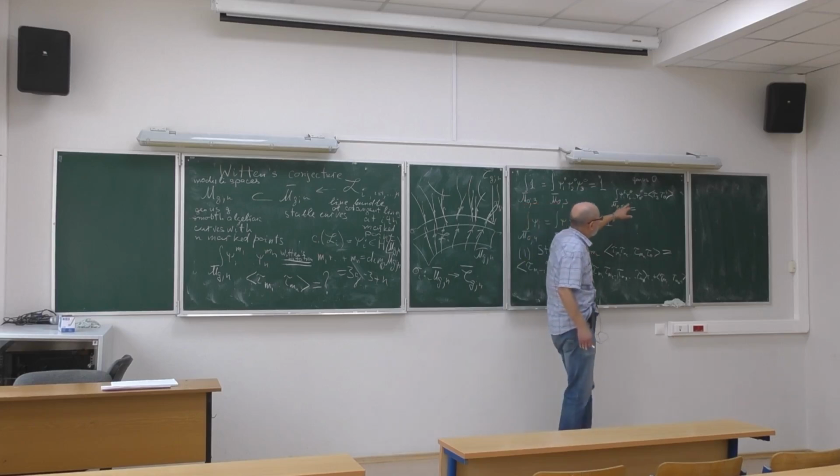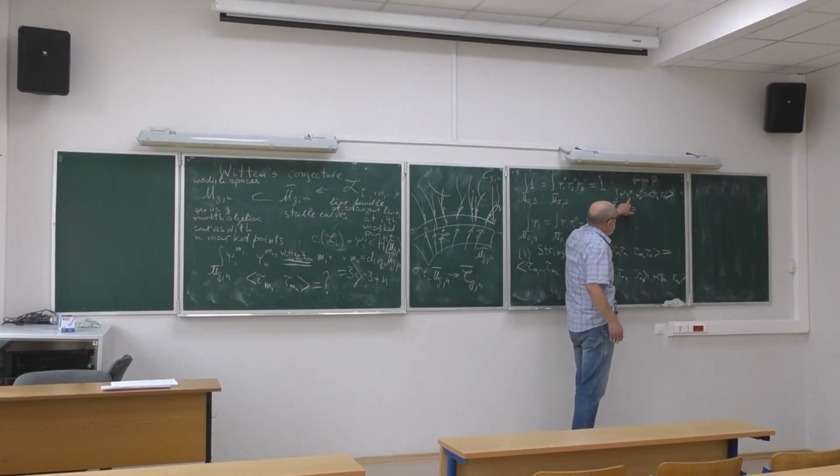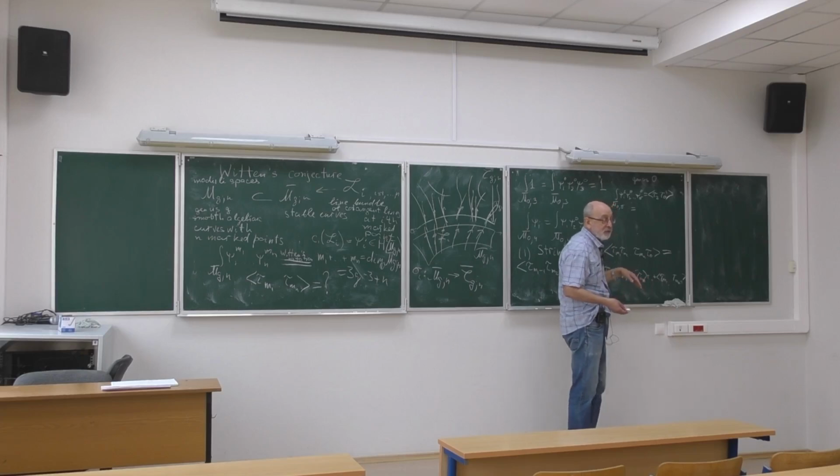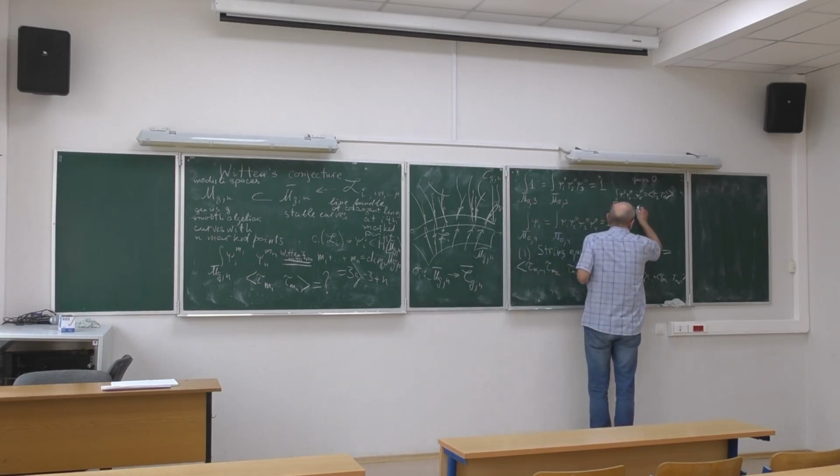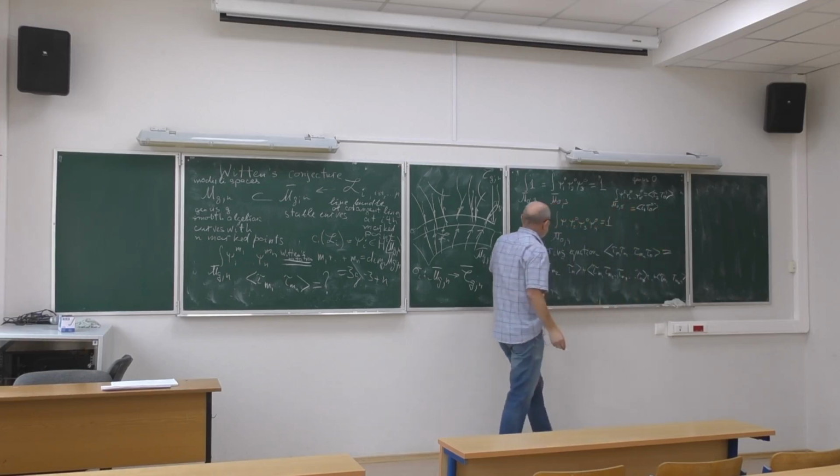But if we subtract 1 from 0, then we obtain minus 1. And for negative values of the indices, the result is 0. So the only positive result is tau 1, tau 0 cubed, which we already know.